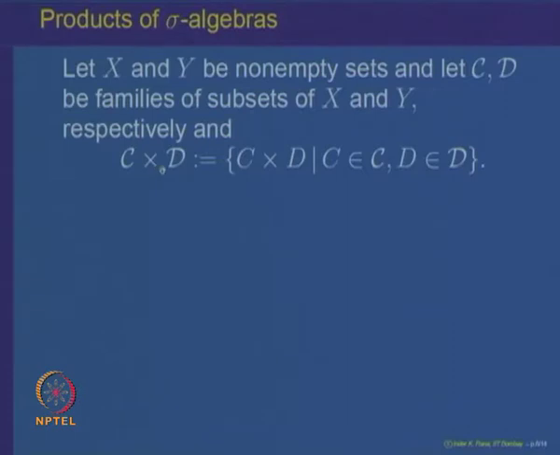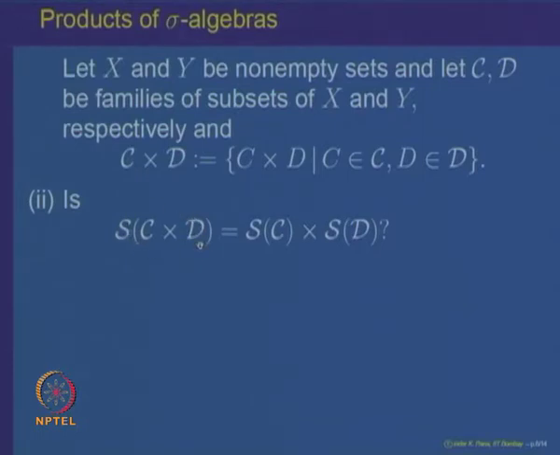Now, this is a collection of subsets of x cross y, and we can generate a sigma algebra out of it. On the other hand, we can first generate a sigma algebra out of the collection C and then generate the sigma algebra out of the collection D. So, there are two ways of generating sigma algebras of subsets of x cross y. The first is to look at C cross D, that is a collection of subsets of x cross y, and look at the sigma algebra of subsets of x cross y generated by them.